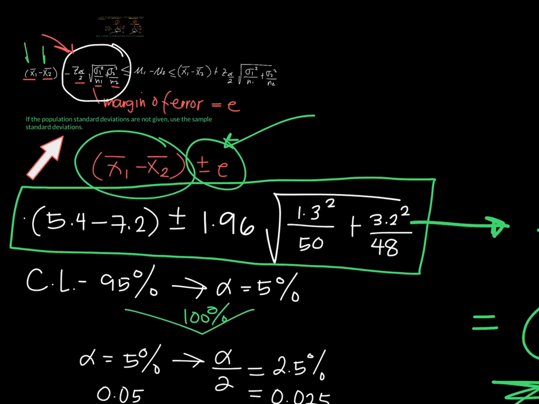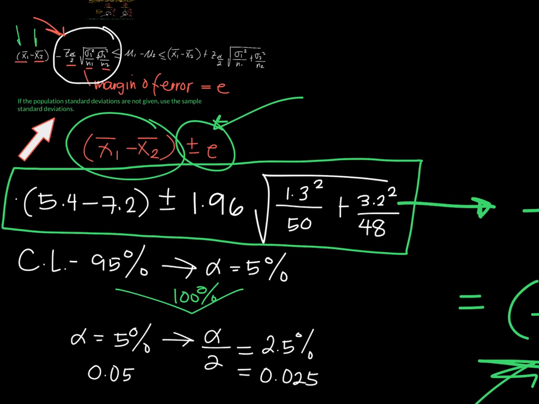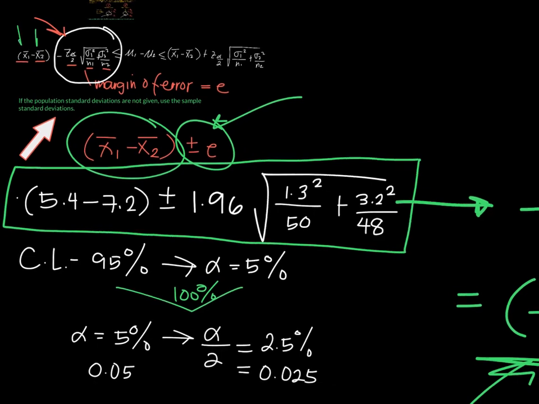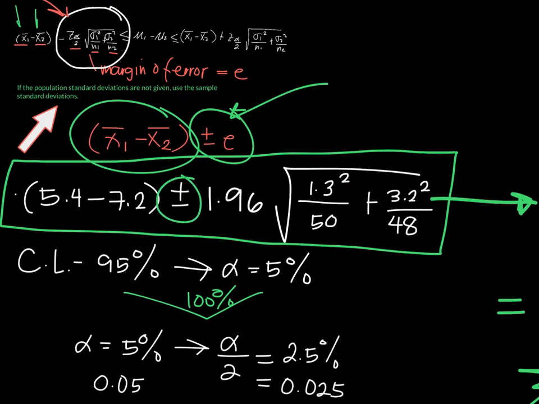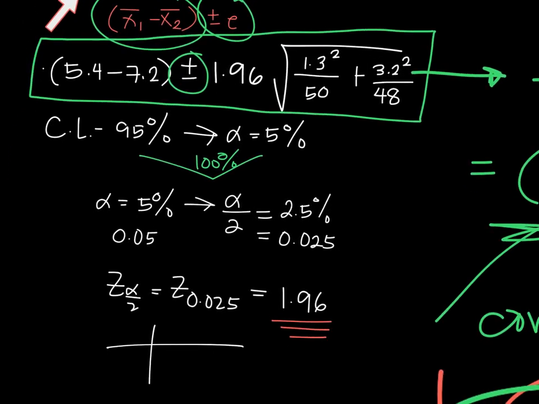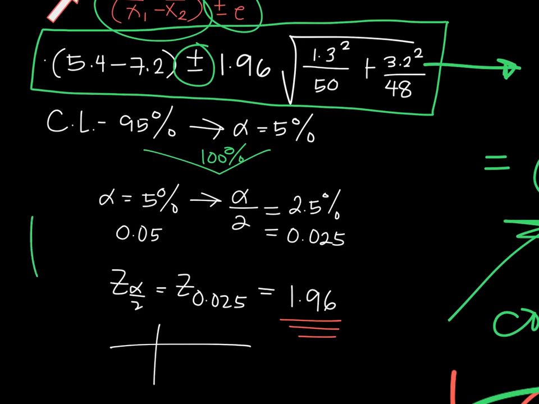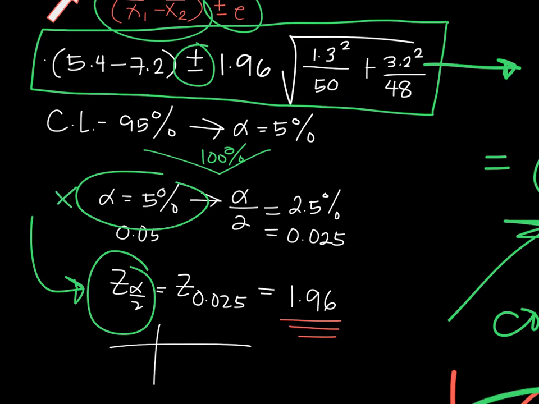Once you have put the numbers, all you have to do is get your calculator and input these numbers. Take note that you are getting two values, one with a plus from the difference and one with the minus. Some considerations: when you find the Z of alpha over 2, make sure that you're using alpha over 2 and not alpha.